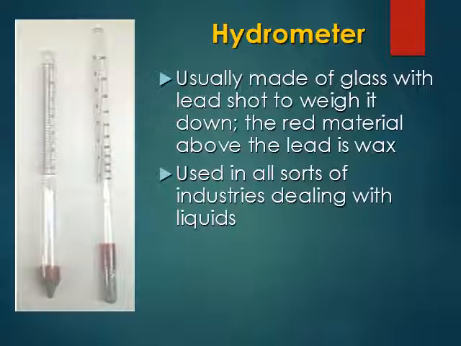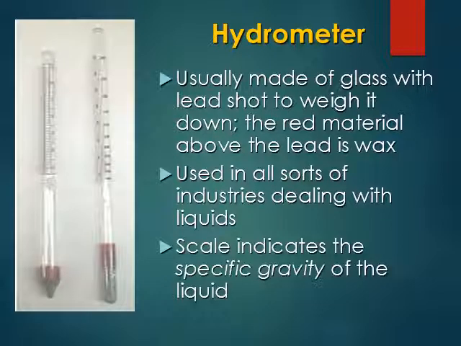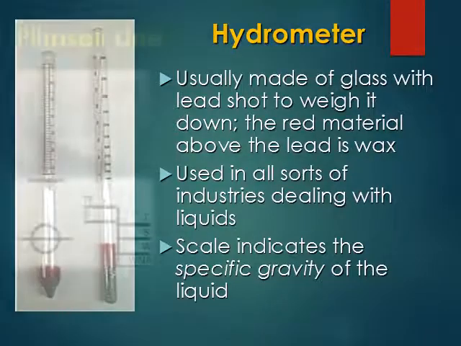So, after some time, let's say, kunwari, after 3 years, titingnan na ng distiller kung yung wine na ginagawa niya is tamang-tama na. So, ang gagawin niya, gumagamit siya ng hydrometer para i-measure yung specific gravity nung wine na kanyang ginagawa. So, the scale indicates basically the specific gravity of the liquid for the hydrometer.